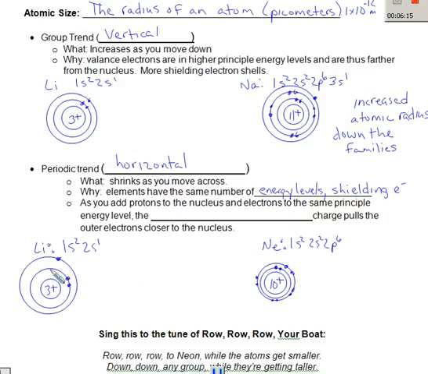They both have 2 principal energy levels and 2 shielding electrons. But as you add protons to the nucleus and electrons to the same principal energy level, the effective nuclear charge pulls the outer electrons closer to the nucleus.